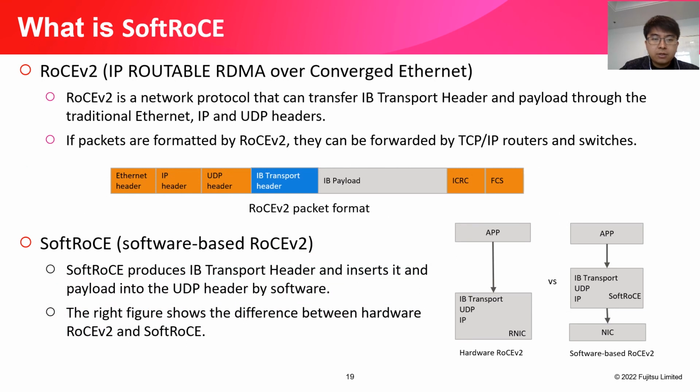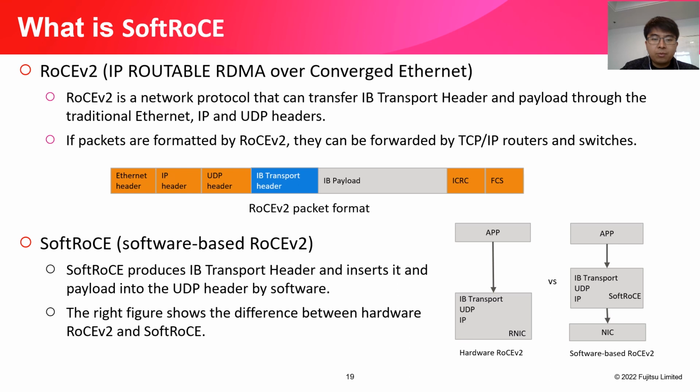What is soft RoCE? We have to know RoCE v2 before introducing soft RoCE. RoCE v2 is the short form of IP routable RDMA over Converged Ethernet. RoCE v2 is a network protocol that can transfer the IB transport header and payload through the traditional Ethernet, IP and UDP headers.